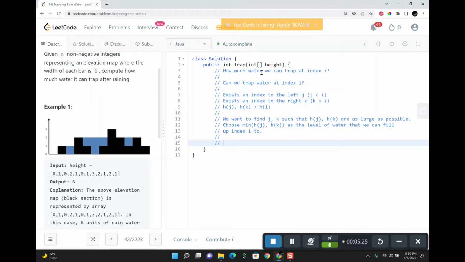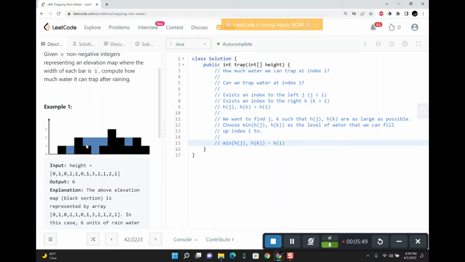Because the amount of water we can trap at index I is simply going to be the level of water that we can fill up index I to, subtracted by the height at index I, right? Because if we take any index, for example, at index I equals 0, 1, 2, 3, 4, how much water can we fill up at I equals 4?